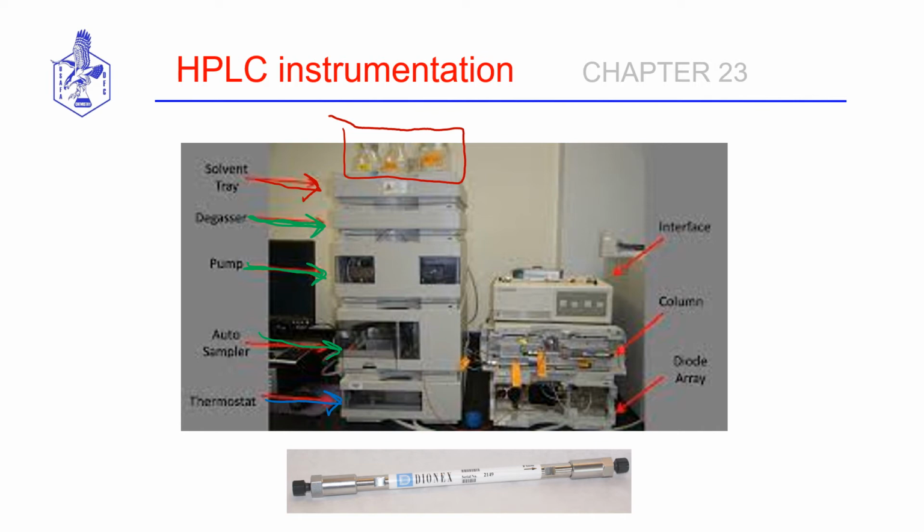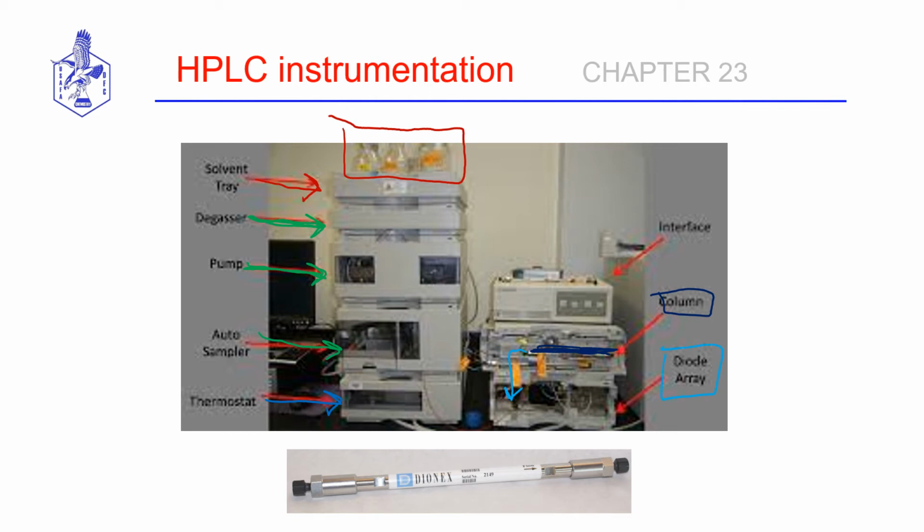Okay. Then we are going to have our analytical column. Prior to the analytical column, we're going to have a guard column and plumbing that pushes the mobile phase onto the head of the column. Once components come off the end of the column, they're going to have to be connected down to some form of a detector.